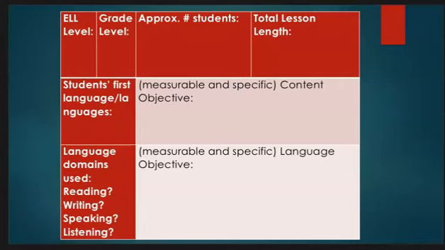Like that example we've given of if you're discussing a particular event in history, that's a good time to also work on past tense formulation. Those objectives should be explicit, and students should be aware of the objectives. So maybe you're reading them out loud to the students. Maybe you're posting them on the board. They should actually know those things.